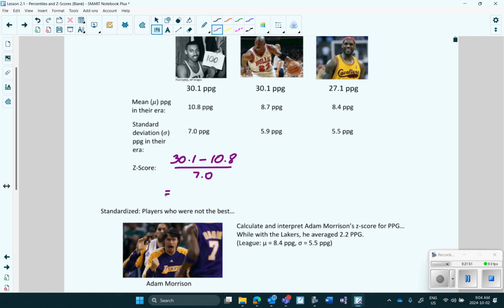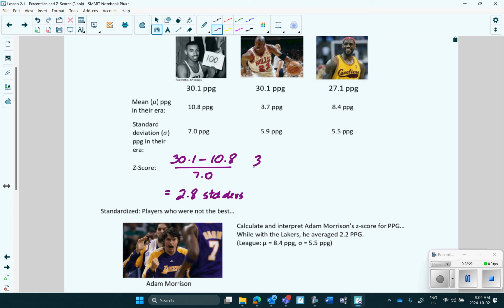And when we do that, we're going to get 2.8. Remember, that's 2.8 standard deviations above the mean because it's positive. So clearly he's doing better than the average player in the 1960s in the NBA.